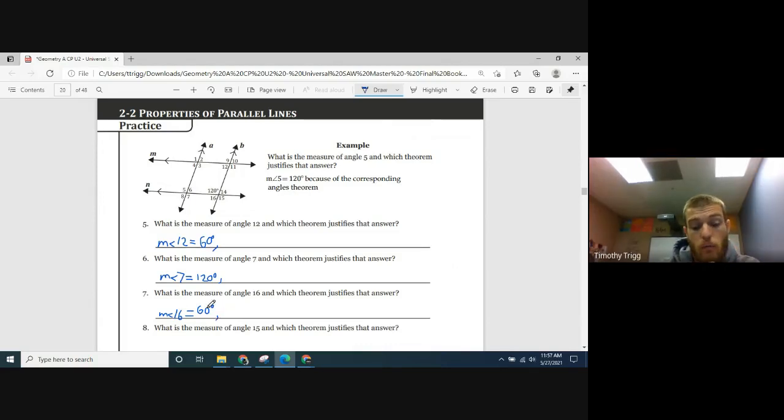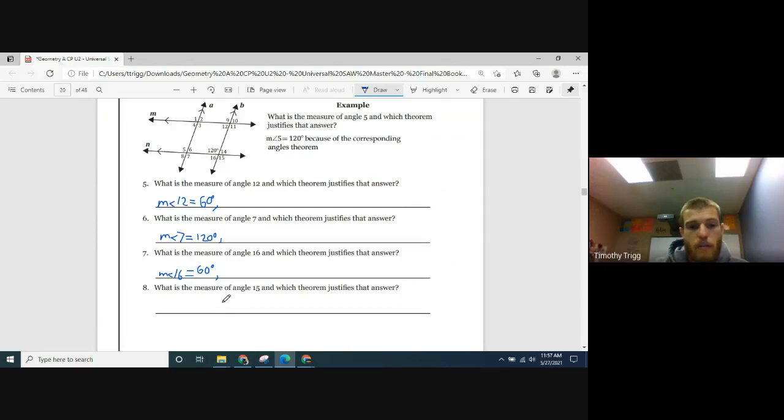So how do we know it equals 60 degrees? Because it forms a linear pair with the 120. Okay, because a linear pair. What's the measure of angle 15? The measure of angle 15 equals, so here's angle 15 here. How does that relate to the 120 here?